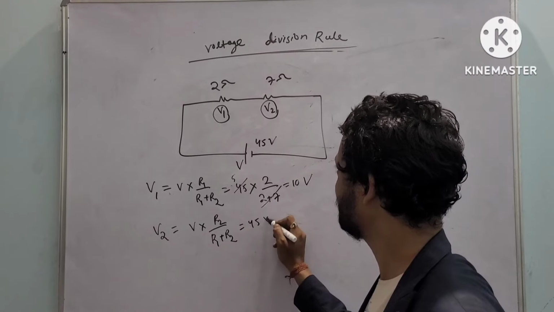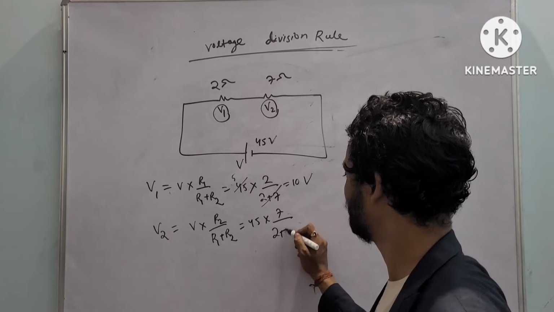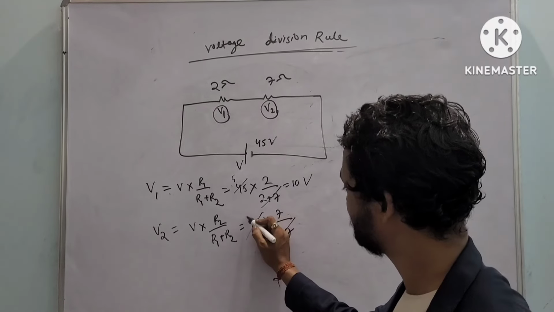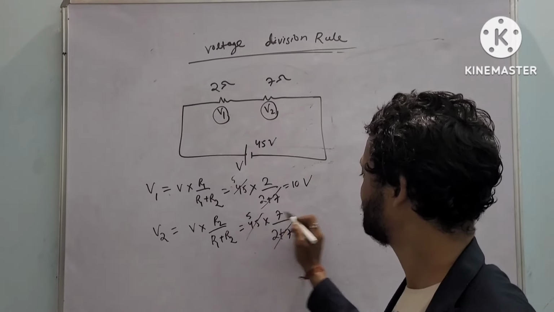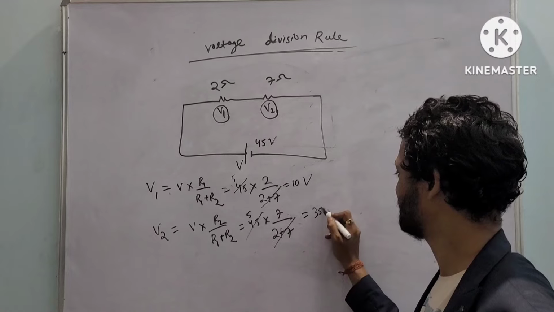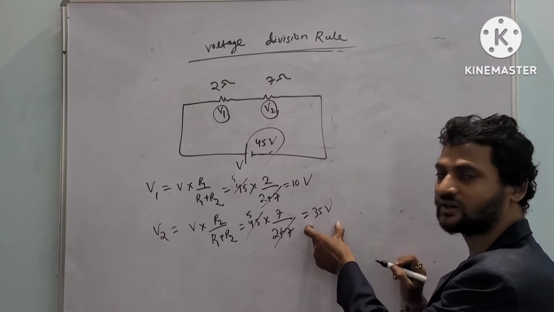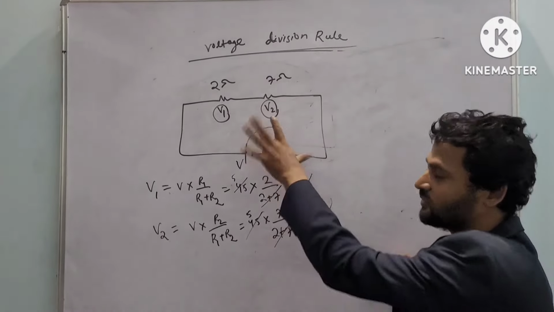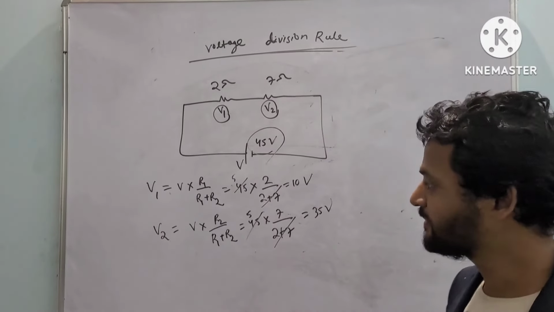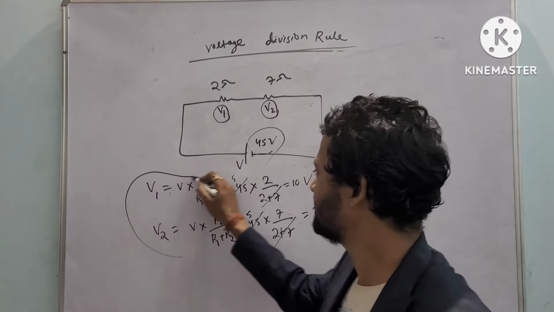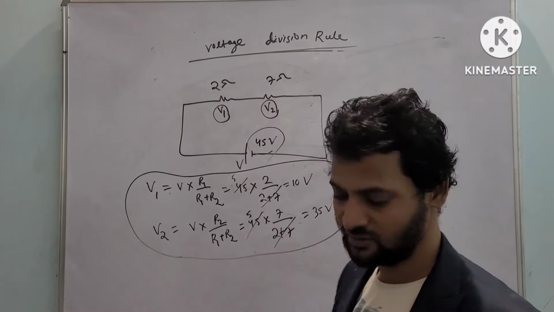V is 45 into 7 by 2 plus 7. So ये 9, 9 fives 45, 7 into 5, 35 volt. देखो 45 volt will be getting divided 10 volt and 35 volt. That means it follows KVL Kirchhoff's voltage law. Conservation of energy. ठीक है. It was all about our traditional method.